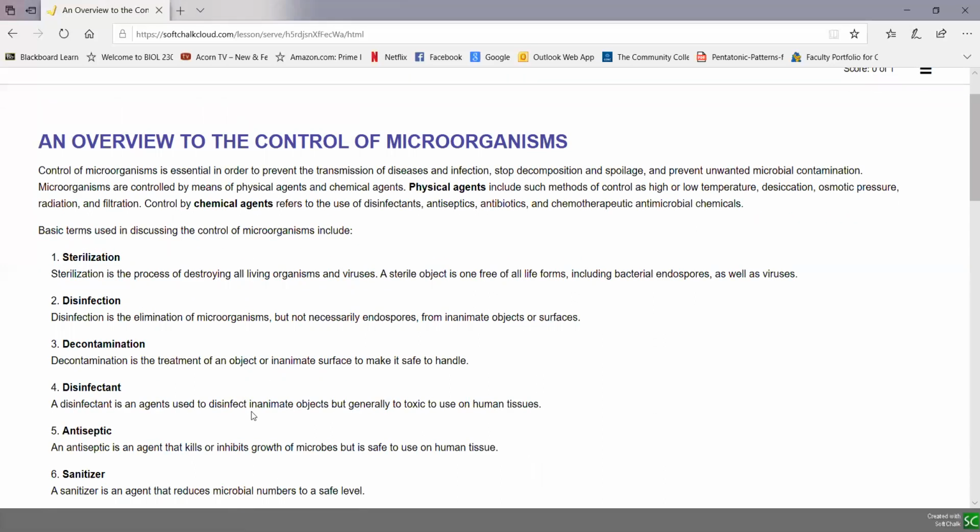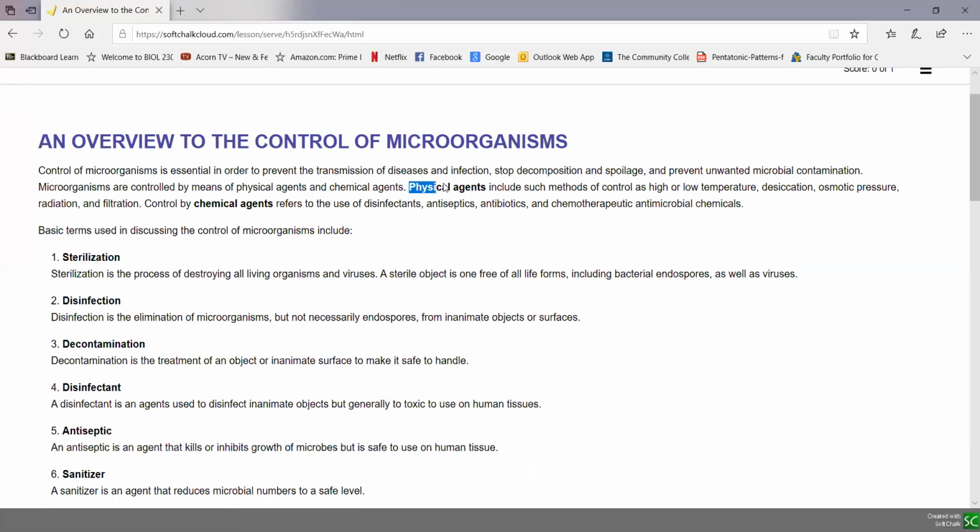So, of course, control of microorganisms is often essential in preventing the transmission of disease and infection. We use it to stop decomposition and spoilage, to prevent unwanted microbial contamination. So, microorganisms can be controlled by both physical agents and chemical agents.